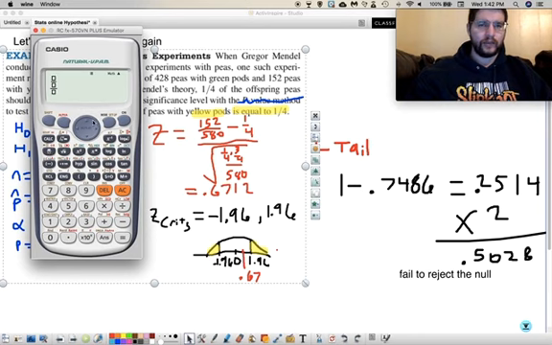I got a fraction inside of a fraction, 152 over 580, minus a fourth, over a square root of a fraction, 1/4 times 3/4 over 580. Now this is my test statistic, the 0.6712, et cetera.